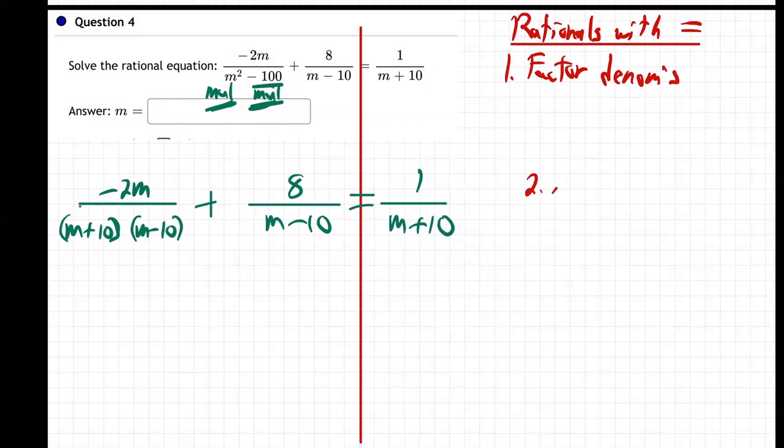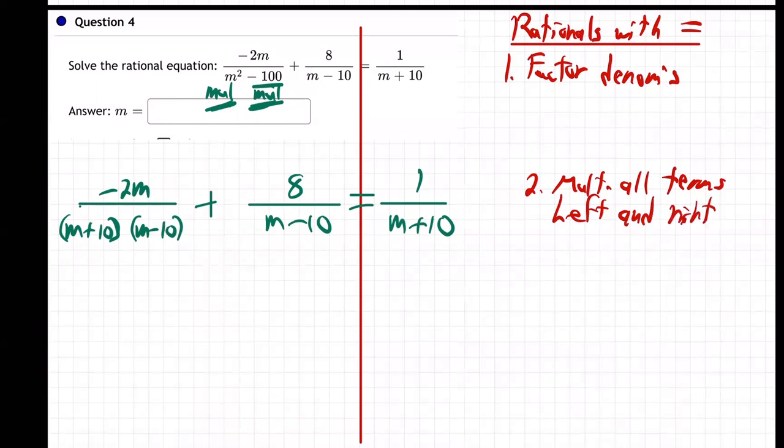So step number 2, I'm going to multiply all the terms on the left and the right by the LCD over 1. And what is the LCD?